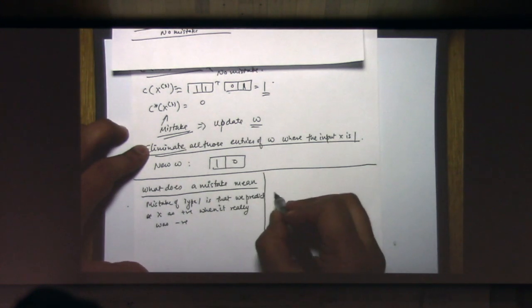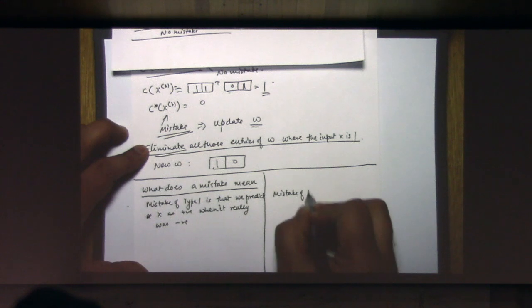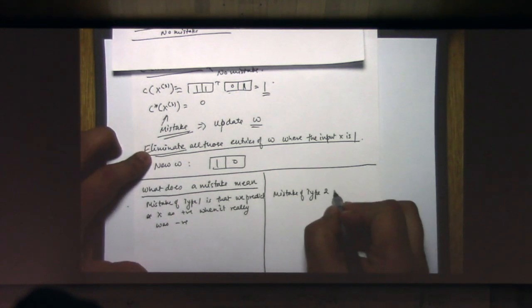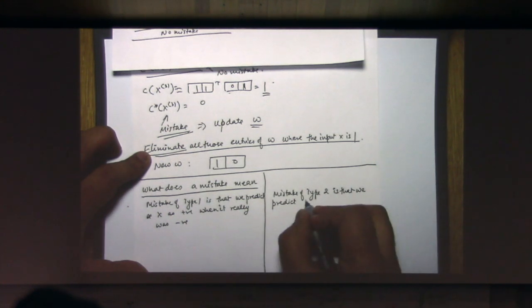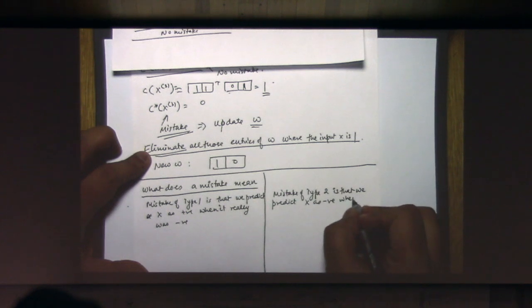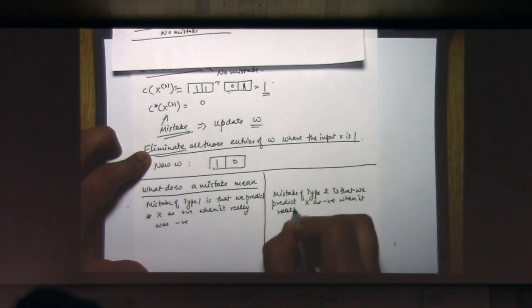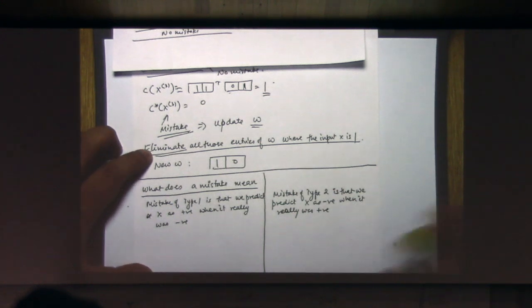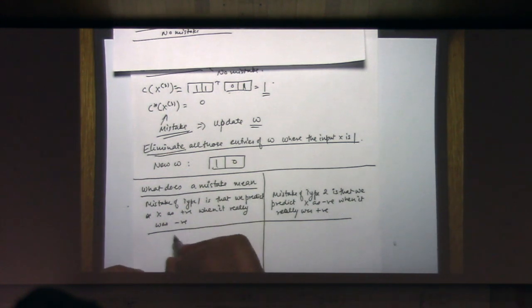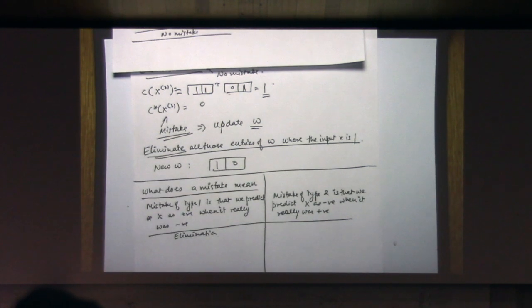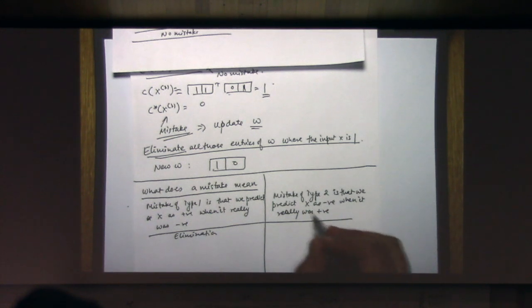And the mistake of type 2 is that we predict X as negative when it really was positive, meaning its true label was positive. So there are two types of mistakes, and in each case we do something different. In this case, we do what is called elimination: we set all the 1 values to 0. And in this case, we call it promotion: we multiply those values.